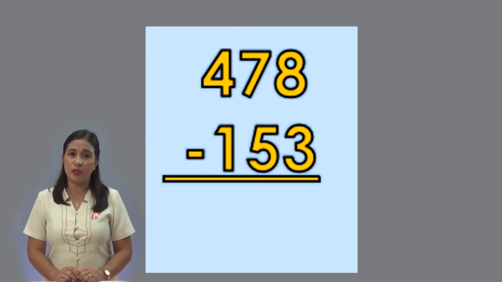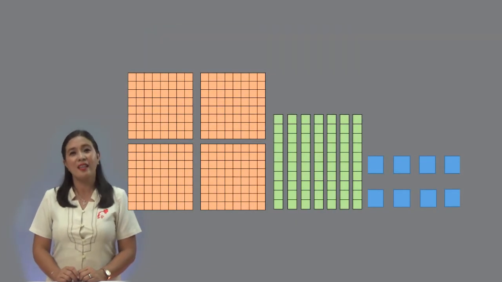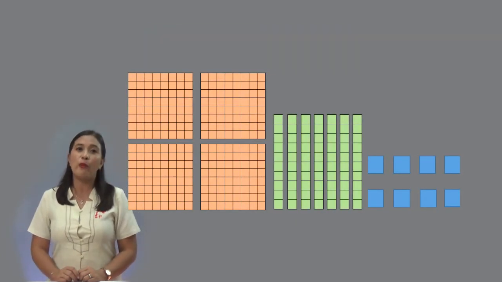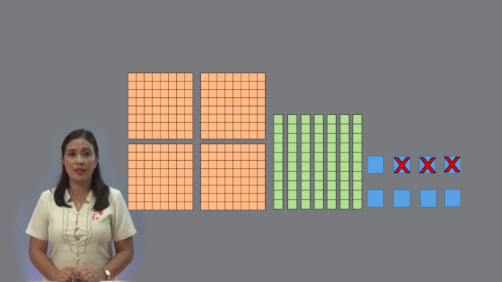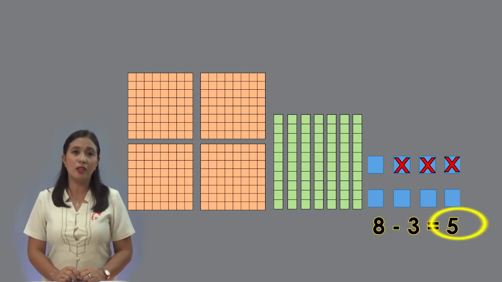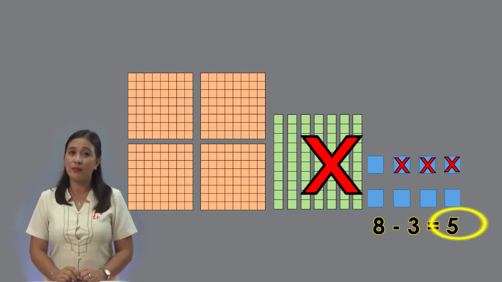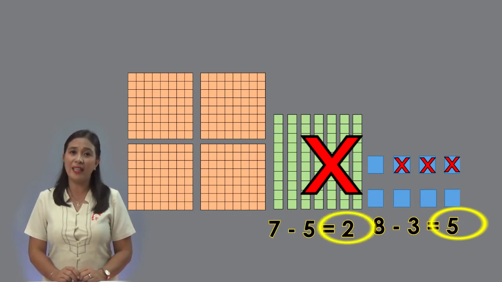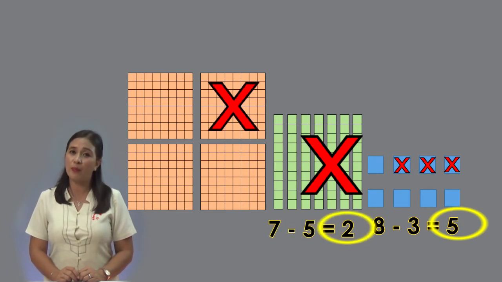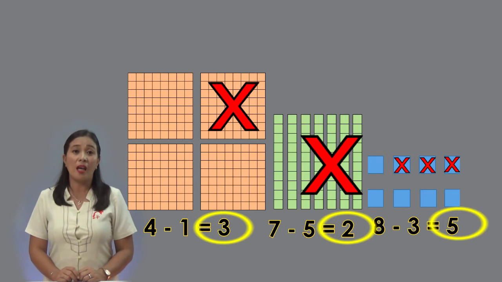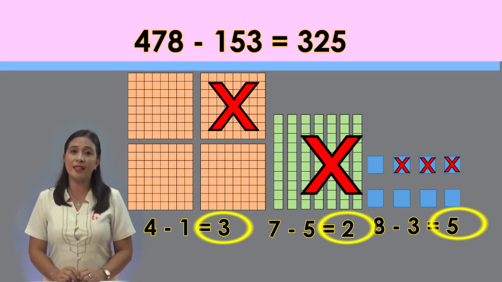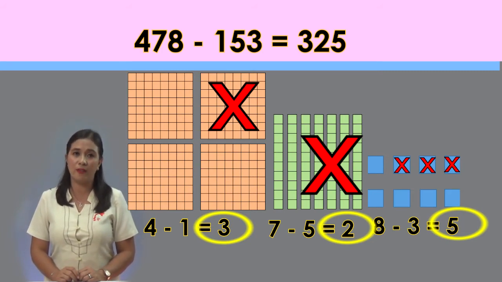What's the first thing we should do? That's right. First, we cancel 3 from the ones column. Second, we cancel 5 from the tens column. And finally, we cancel 1 from the hundreds column. And so we have 478 minus 153 equals 325.